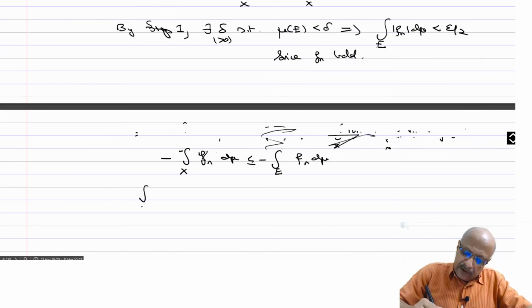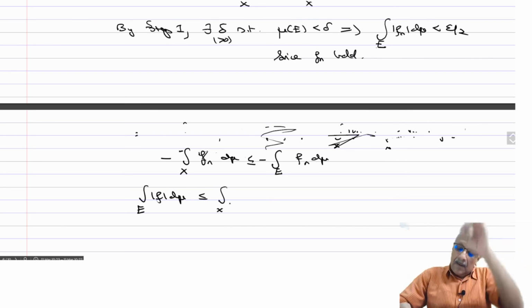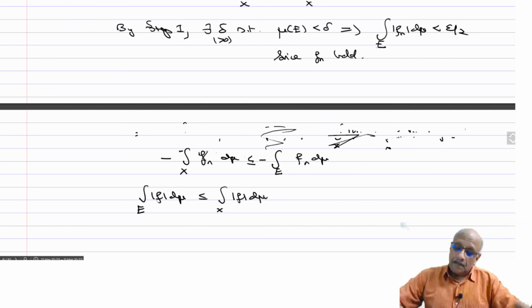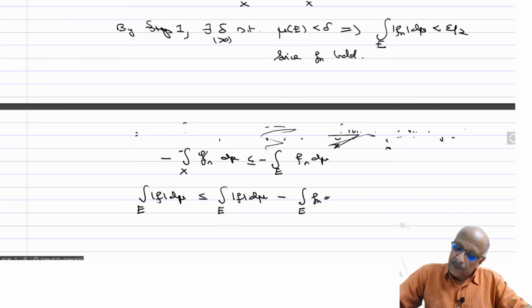So the integral over E of mod f d mu is less than or equal to the integral over X of mod f d mu minus the integral over X of f_n d mu plus the integral over E of f_n d mu.